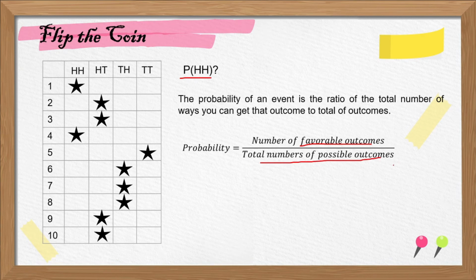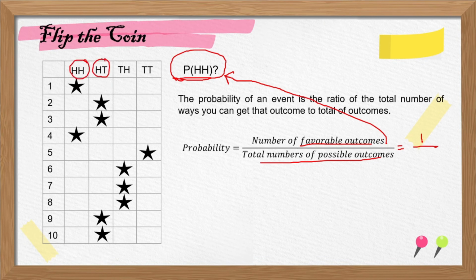So, in our example, or the question number 1, what is the probability of getting heads, heads? So, our favorable outcome is heads, heads. So, there is only one heads, heads na lalabas. So, 1. Then, our denominator, total numbers of possible outcomes, which is heads, heads, heads, tails, tails, heads, tails, tails.